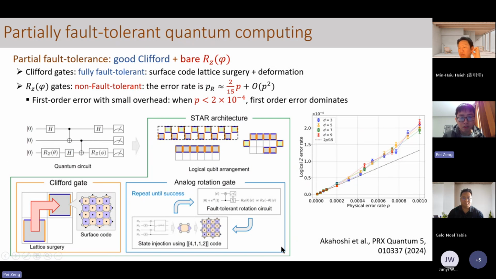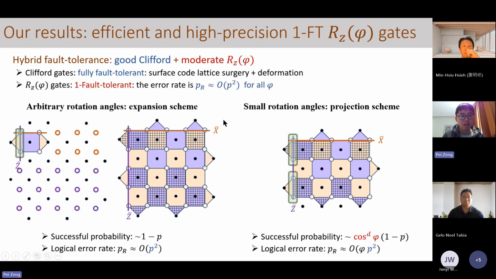So our motivation is to design a hybrid fault-tolerant scheme where you have a good Clifford gate based on lattice surgery or transversal gates, and then a moderate rotation gate.